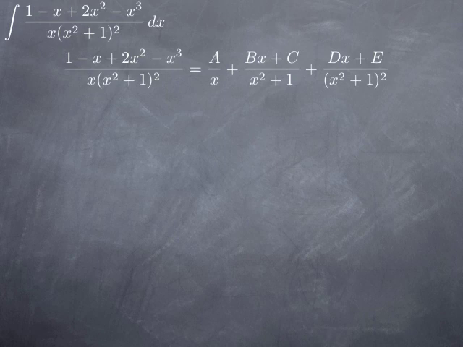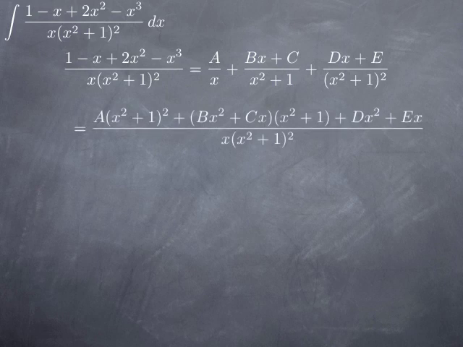And to do that, we're going to rewrite the right-hand side as one fraction and identify the numerators. So if I multiply things through, you see that to write the right-hand side as one fraction with denominator x(x² + 1)², I need to multiply top and bottom for the first term by (x² + 1)², so I get A(x² + 1)².